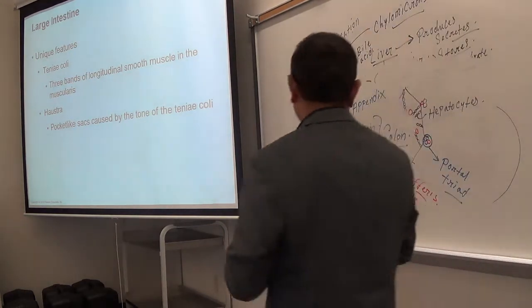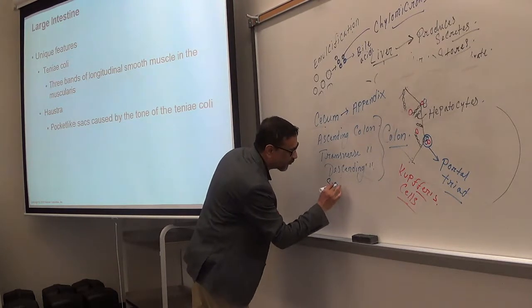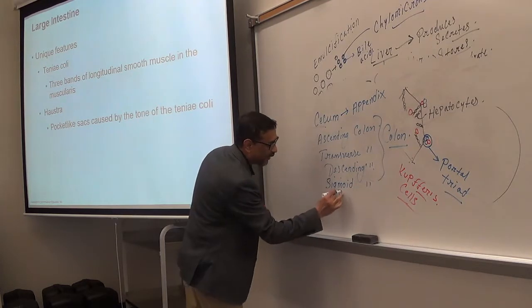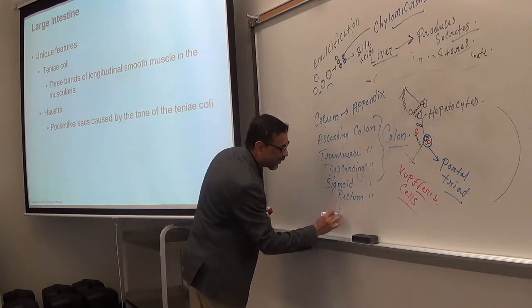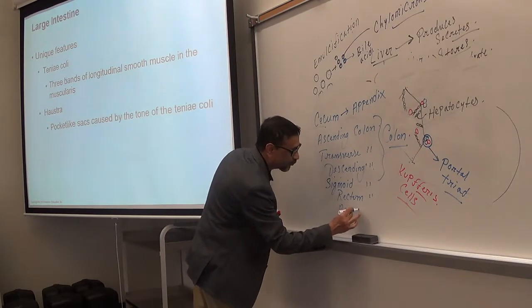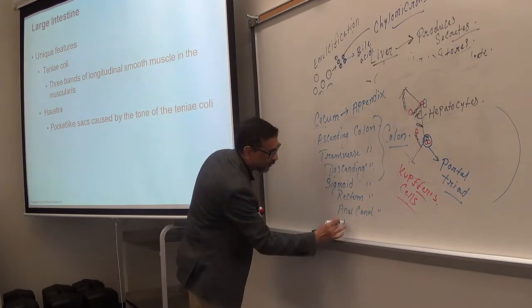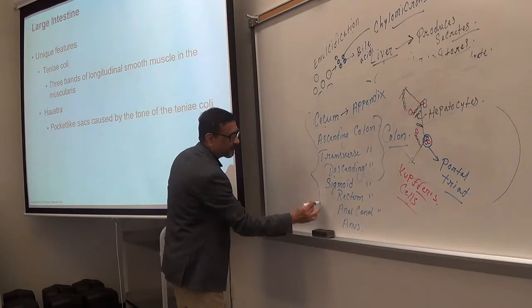So next is sigmoid, S-shaped. Sigmoid colon, then rectum, anal canal, and then the last part is the anus. Okay, so these are the parts.